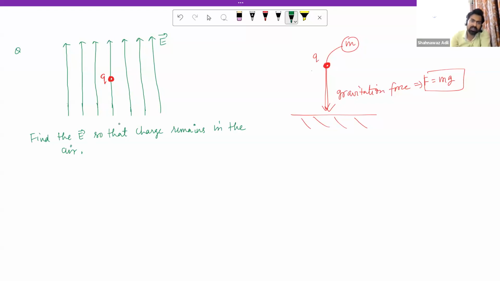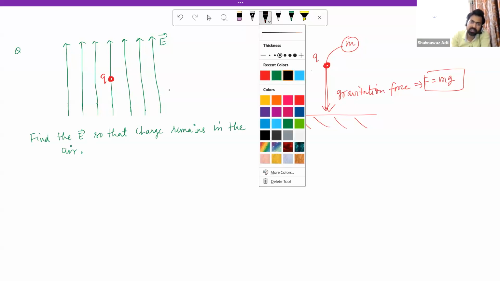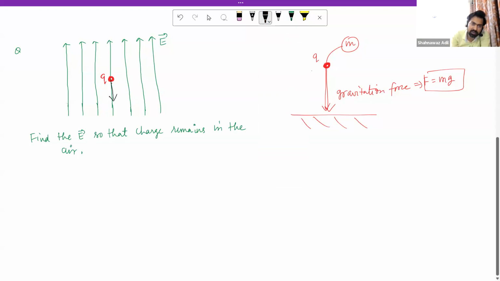Why? Because we have two forces. One is the gravitational force. This charge has mass m, so it has a gravitational force, and due to this electric field, it would have some electric force.